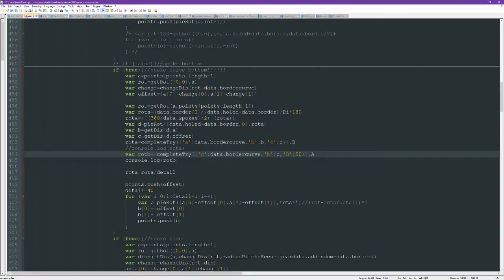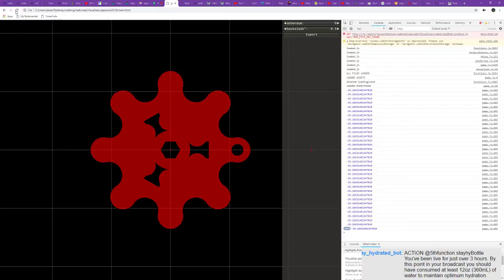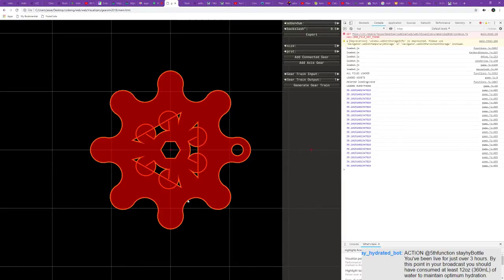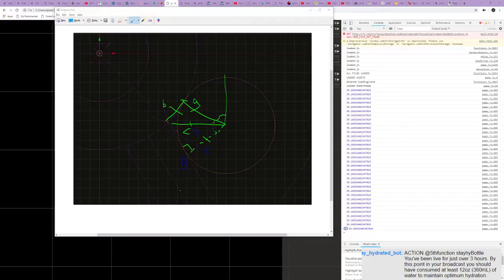So let's invert that. And road A equals road A plus road B divided by detail. Maybe magic happens. Come on.